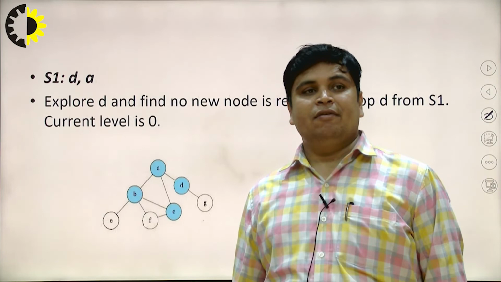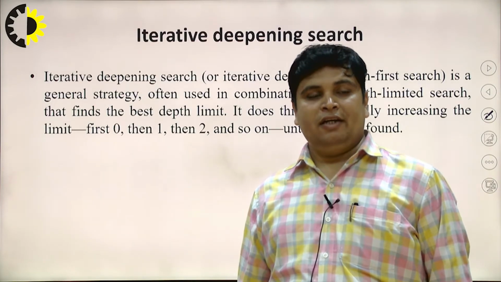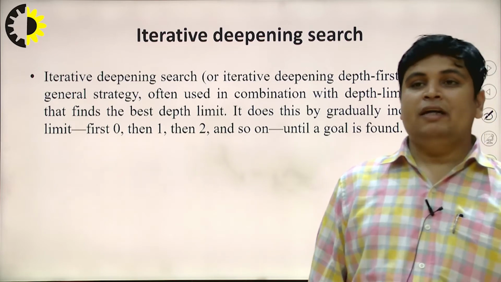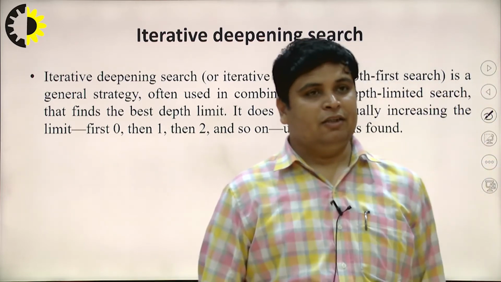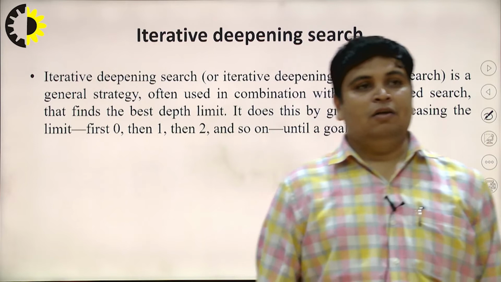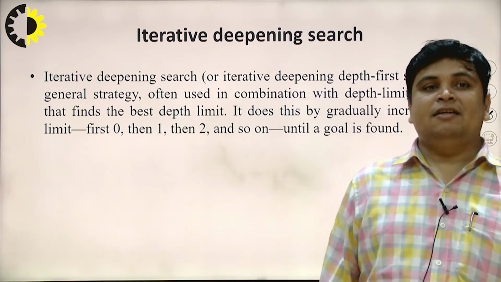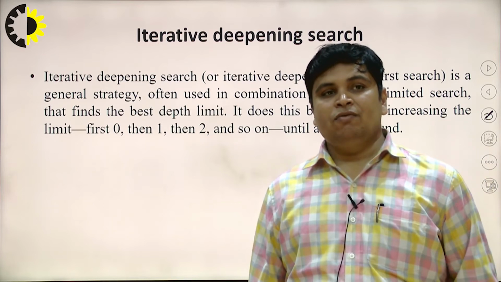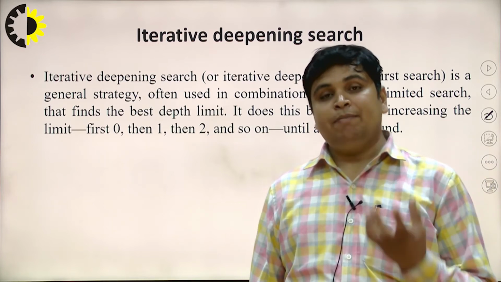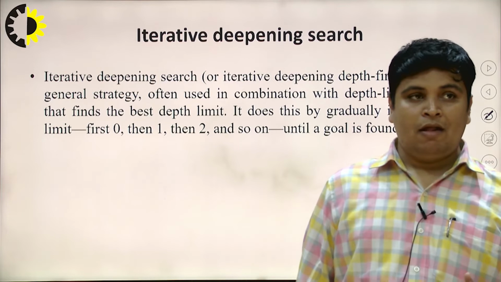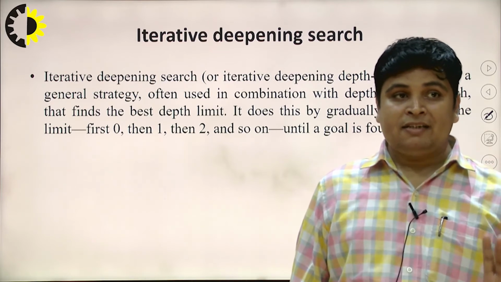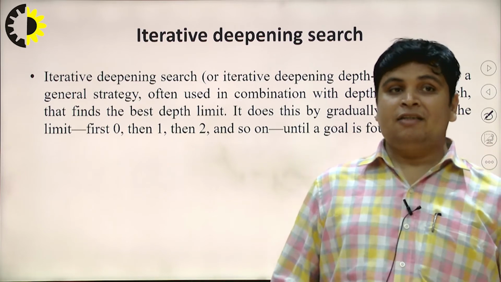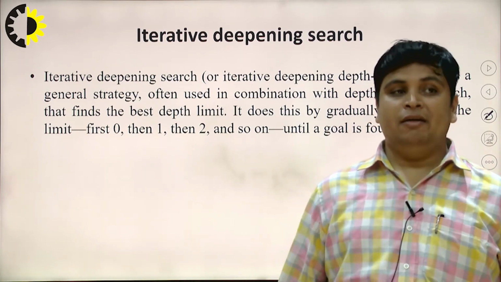The iterative deepening search algorithm is used to remove the limitations of the previous algorithm. Iterative deepening search is a general strategy often used in combination with depth limited search that finds the best depth limit. It does this by gradually increasing the limit.